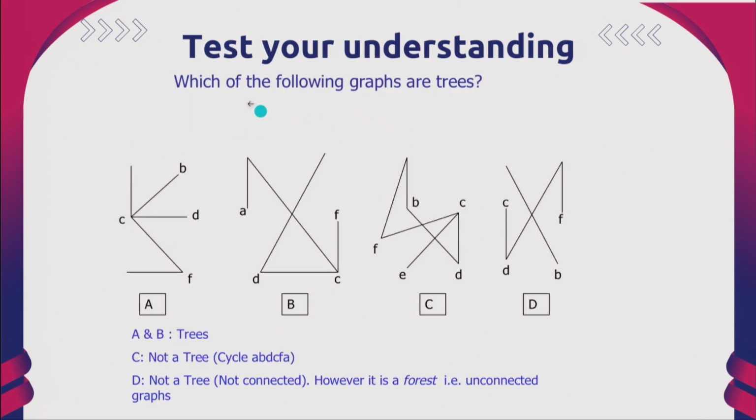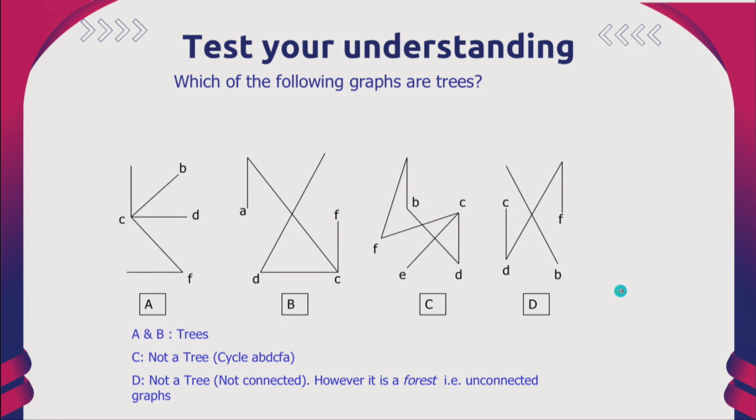And in this question, which of the following graphs are trees? The basic difference between a tree and a graph is that in a graph we can have a cycle, that is, we can have a closed path, whereas that is not permitted in trees. If we consider that definition, then A and B are eligible to be trees, whereas in case of C there is a cycle, and so this cannot be called a tree.